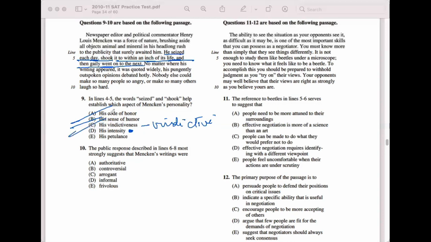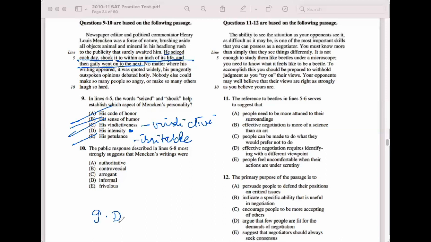So option C is beyond the scope. And petulance is irritability, right? Somebody who is irritable, somebody who gets frustrated and snaps at people. So that again doesn't come across. We don't really know that about him, whether he was irritable. All we know is that he was intense. So first question 9, I'll write D.